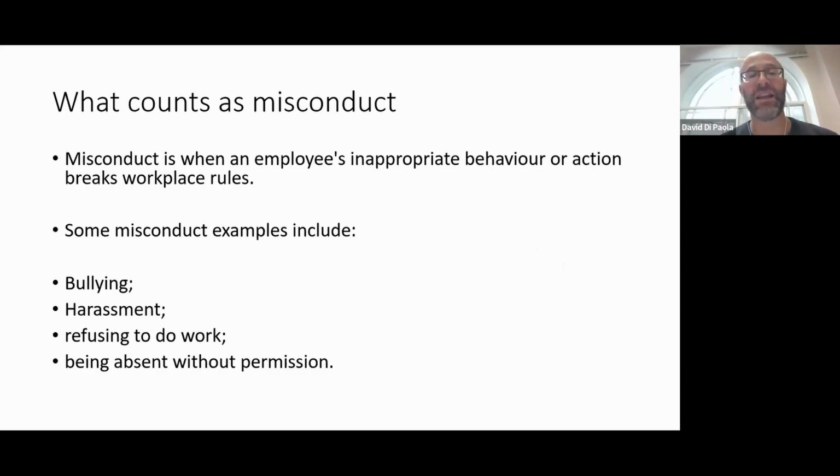So there are varying degrees of that. Some examples I've given are here. Issues of bullying, harassment, refusing to do work, or being absent without permission are examples of where you might take action against the employee.